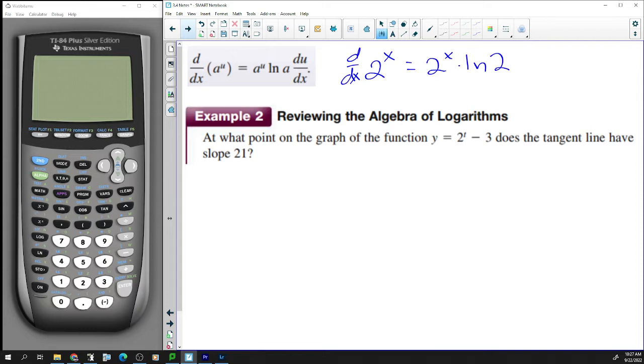At what point on the graph of the function does a tangent line have slope 21? So dy/dx, the slope, is equal to 2 to the t times the natural log of 2. And then the derivative of minus 3 is 0. We want to know when that is equal to 21.